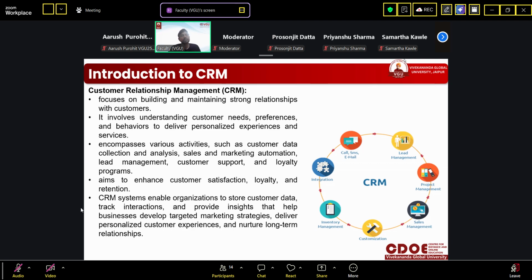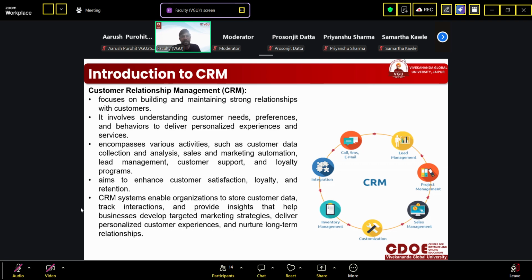CRM focuses on building and maintaining strong relationships with customers. Now all the things we are discussing regard customers only. In supply management, there are different processes, but in CRM it is only regarding customers. It involves understanding customer needs, preferences, and behavior to deliver personalized experiences and services.